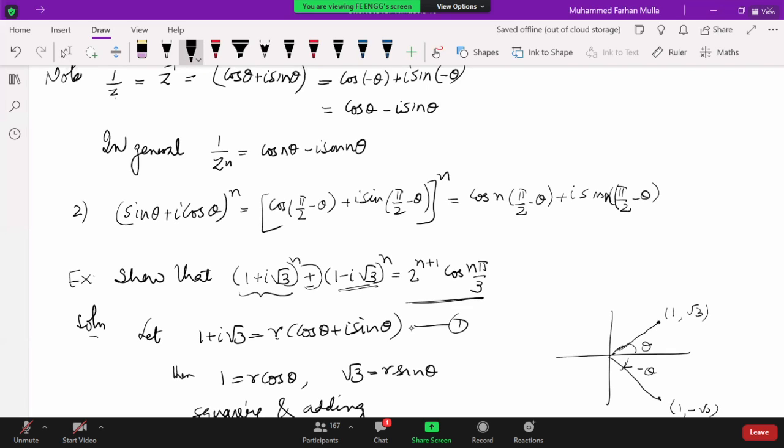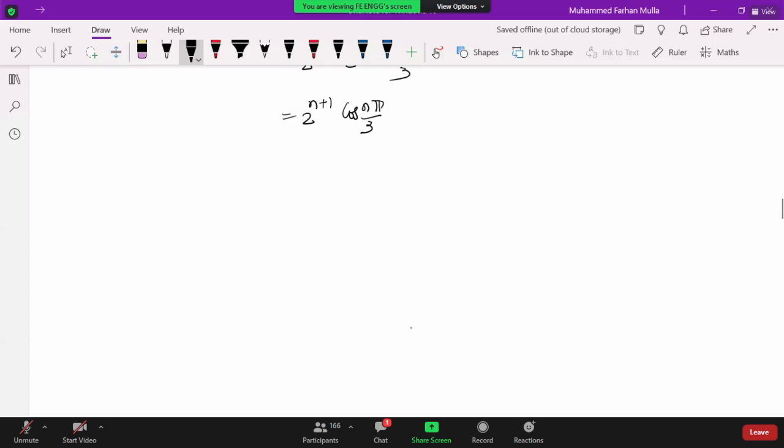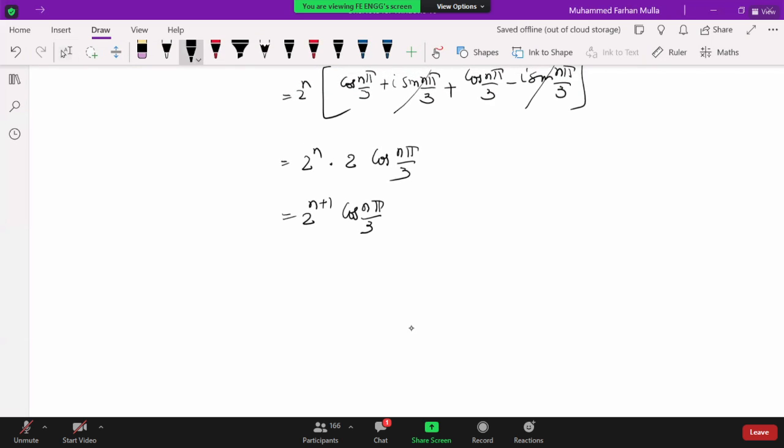So 2 to the power of n plus 1 cos nπ/3. In view of this, let me take up one more exercise. You can take it as homework also if you want.